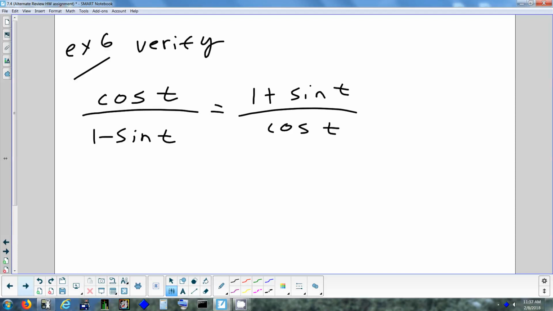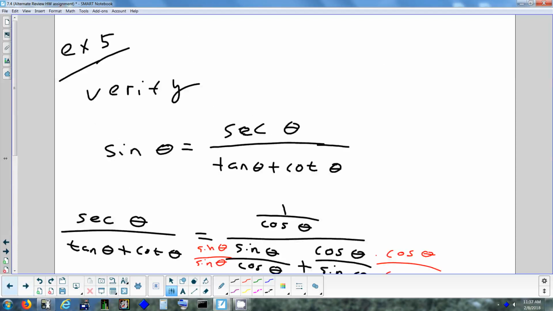With this one, I mean, you could kind of make a couple different arguments, but really you've got a denominator on one side that has a number and a trig term, and then you have a numerator on the other side that has a number and a trig term. You've got a denominator on one side that's all by itself. You've got a numerator on one side that's just a single term all by itself. So really, in this one, I don't think it's as clear as it is in the previous one.